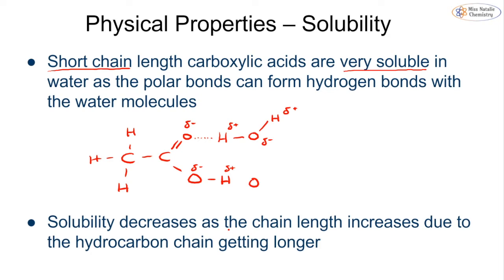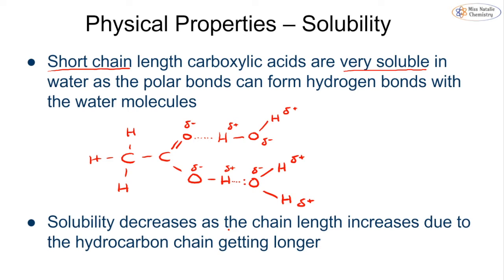But we also get hydrogen bonds forming between the hydrogen of the carboxyl and the oxygen of the water with its lone pair. So we're forming two different hydrogen bonds here with the carboxylic acid and the water. Therefore, it is very soluble.